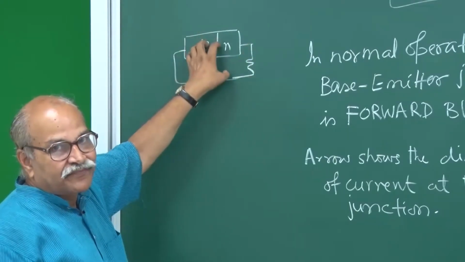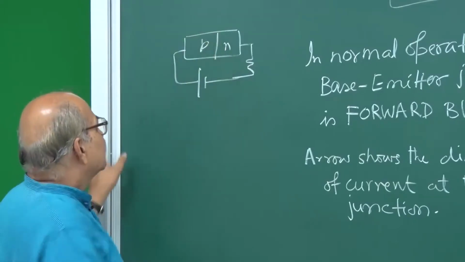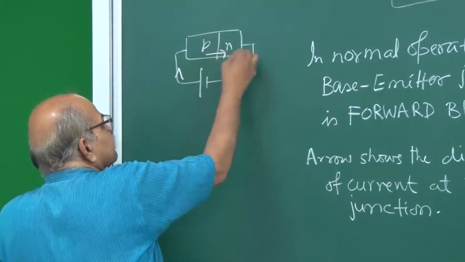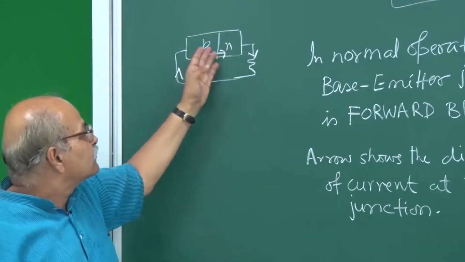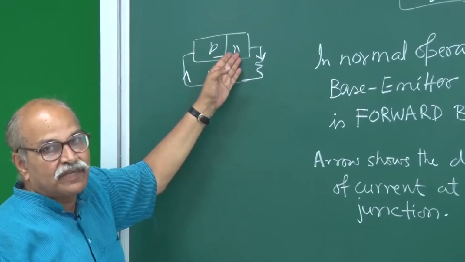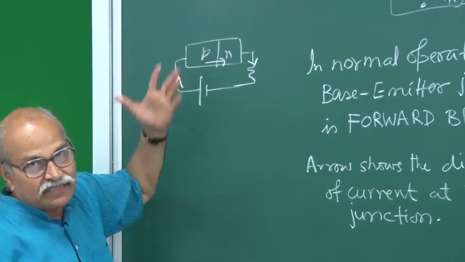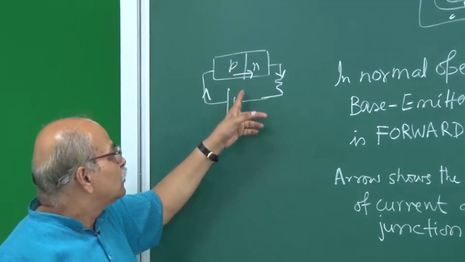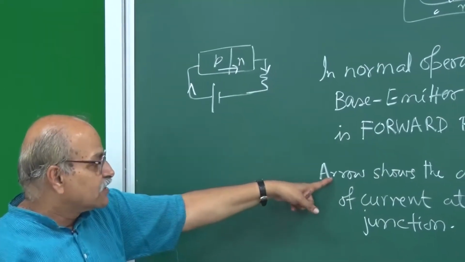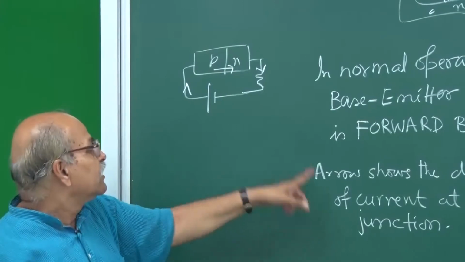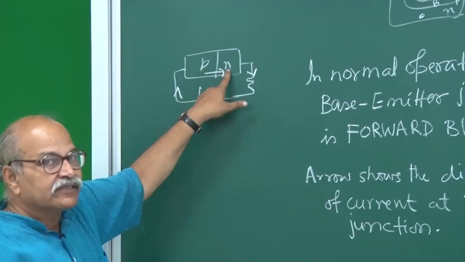This is forward biasing. And how does the current flow? The current flows like this. Inside this junction, the current goes from P side to N side in forward biasing. Reverse biasing, opposite. So this arrow on the symbol of the transistor shows the direction of current at this junction. That means it should be from P side to N side.